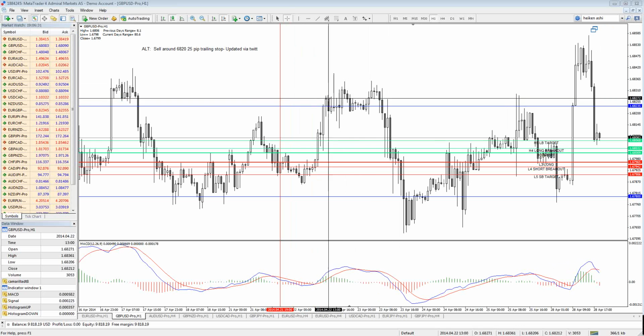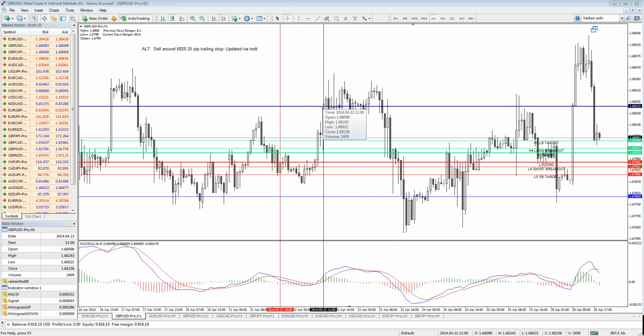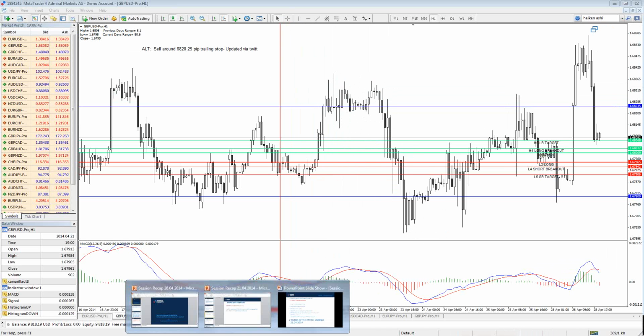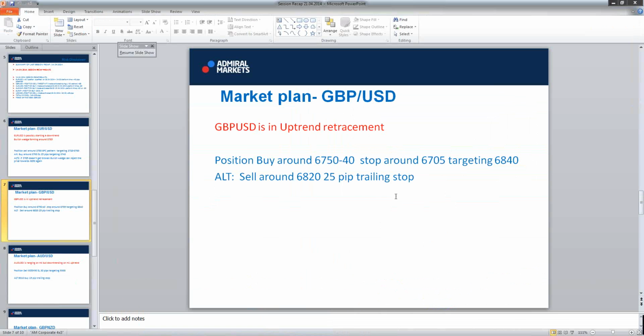So basically, this was the time of the sell. It didn't hit the stop loss, and first it got 10 pips, and then it dropped heavily. But because I said here in this PPT, it's a scalp trade, and I also told you it's a scalp trade on our webinar, I need to be honest with you.